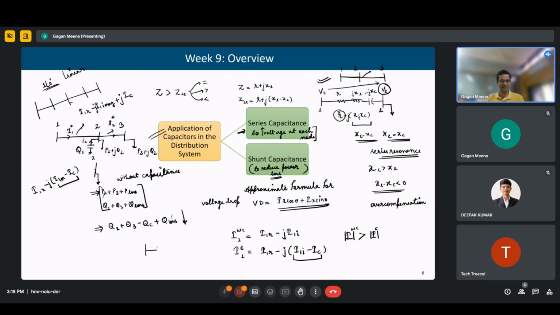So it is bus one, two, and three. This was earlier, before series capacitors. Now suppose I want to add one series capacitance at bus 2. So now it is 2. I will add the capacitance here, and then I will connect this line. So this is 2 dash.